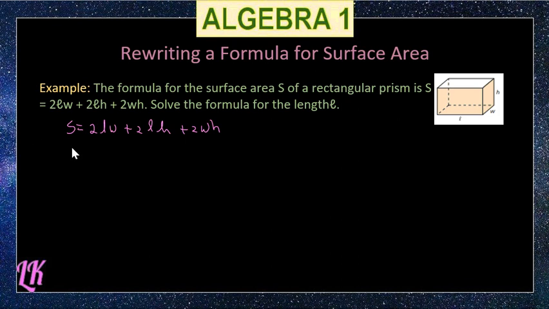The given equation shows that the variable L is present in two terms. So we need to isolate our L using the distributive property.